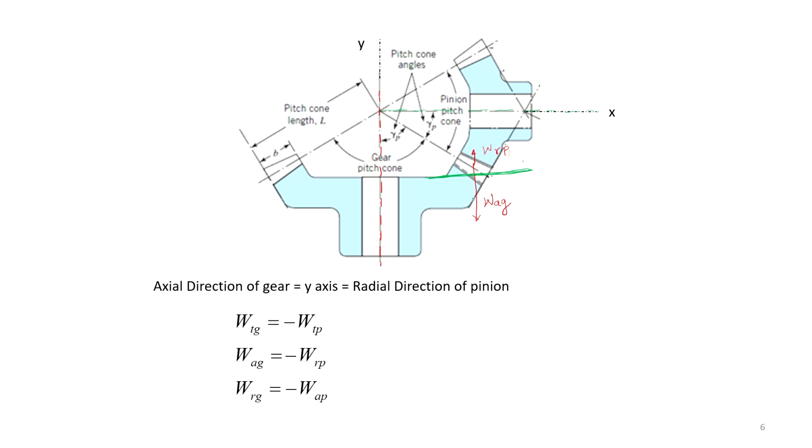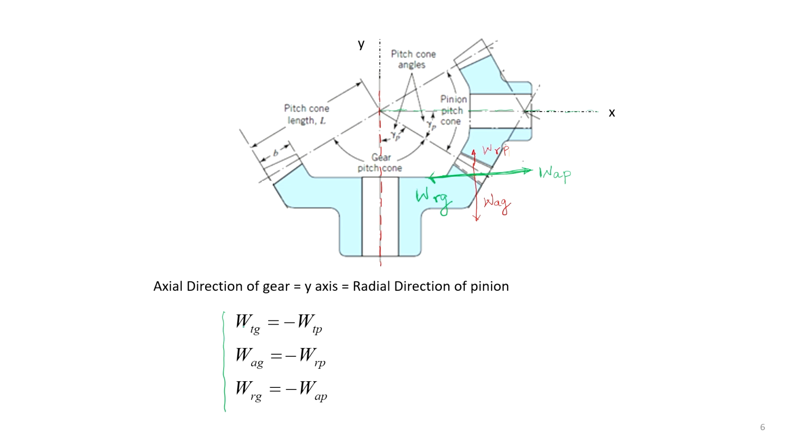The radial force which is acting on the gear is in this way along its axis of rotation, that will be W R on the gear, and just opposite to that a force will act on the pinion, and so it will be the axial force on the pinion, and that is given here.